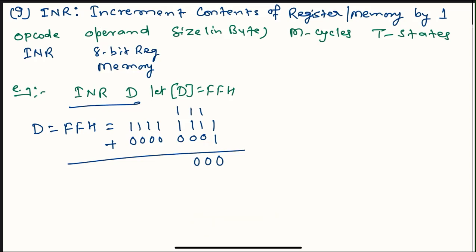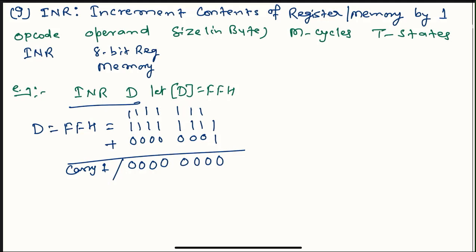The same happens at every stage: 1 plus 1 plus 0, sum 0, carry 1. And again in the last stage, 1 plus 1 plus 0, sum will be 0 and the carry generated is 1.